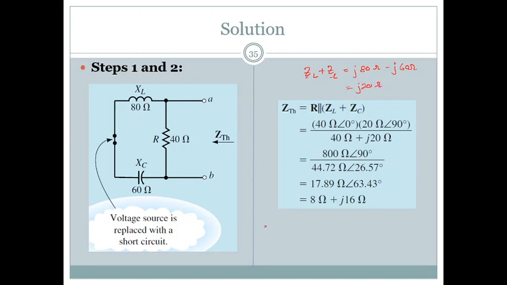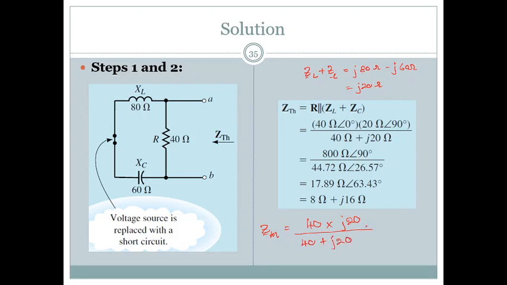Z Thevenin now is equal to R, that is 40, into j20 divided by 40 plus j20, right?